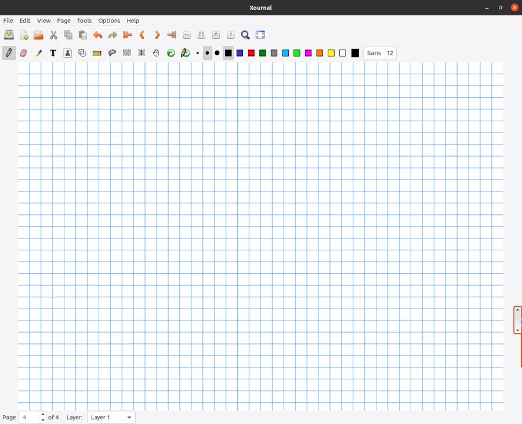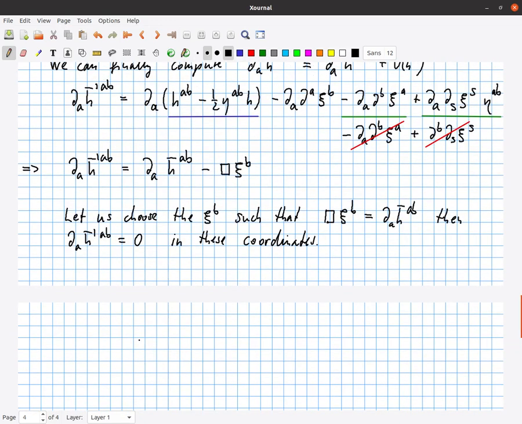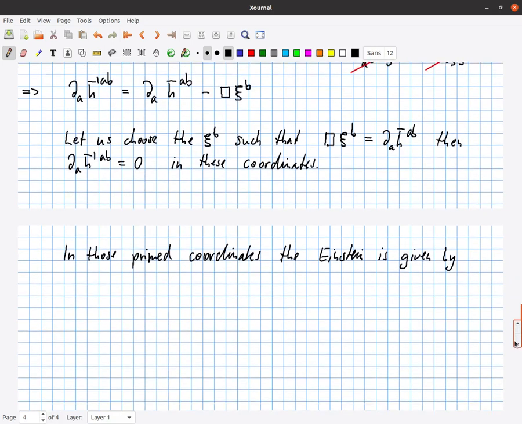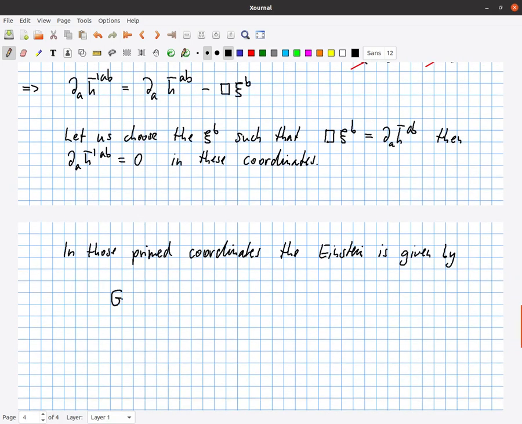You see now that this is a highly convenient choice. In those prime coordinates, the Einstein tensor is given by, we now have to write G, I think it was IK in the barred coordinates.